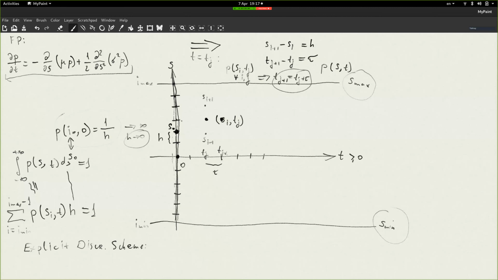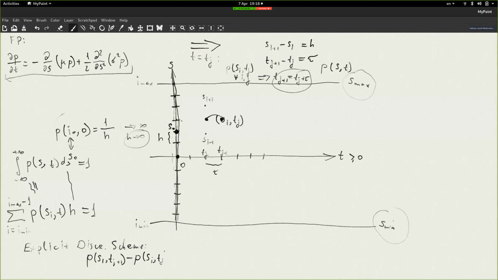This is simply p of any si at point tj plus 1 minus p of si at point tj, divided by the time step, which is tau.